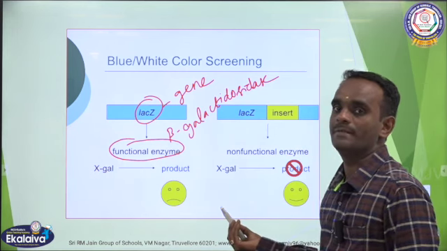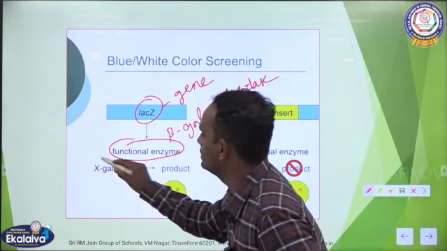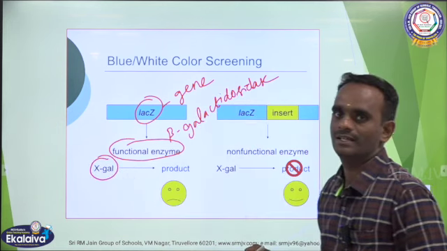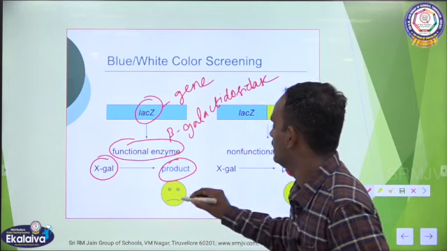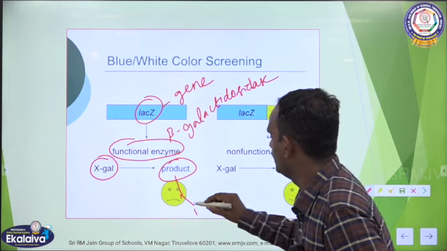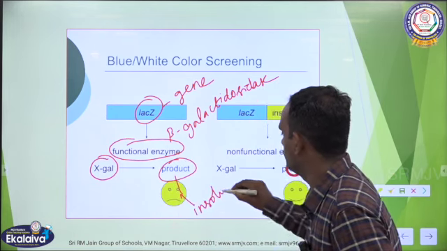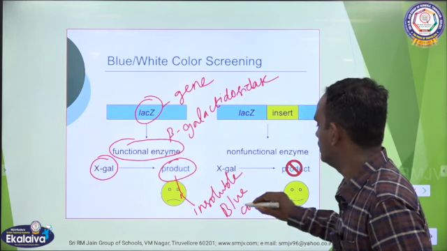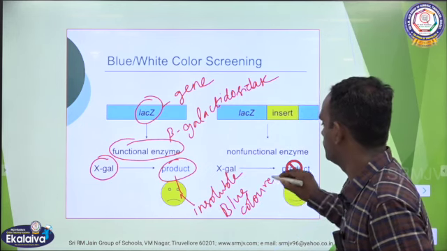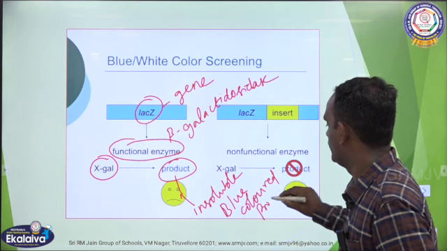This enzyme acts on this substrate, X-gal, the synthetic substrate, and converts it into an insoluble blue colored product.